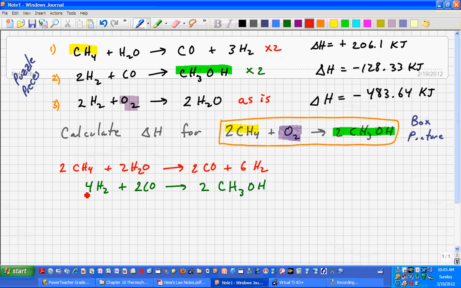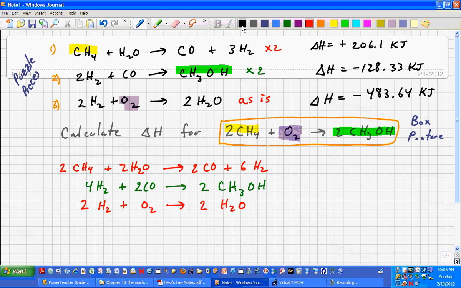So I'm just going to recopy that as 2H2 plus O2, oxygen, produces 2 waters. All right, so I've got that as is.